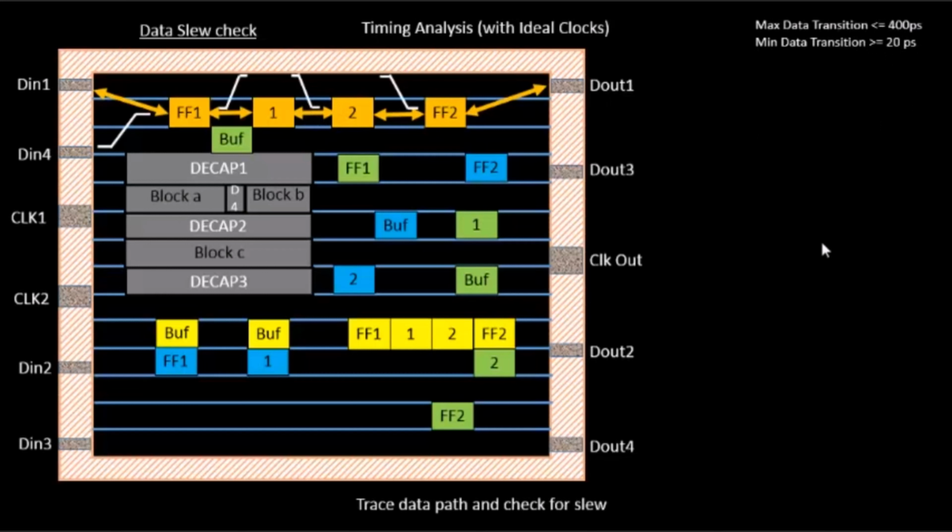We keep doing that until we find some slew values that exceed 400 picoseconds, and if so, we add a buffer or do something about it. We'll talk about that, but we make sure all the slew values are between 20 picoseconds and 400 picoseconds. In the next video, we'll take up one of the slew values.